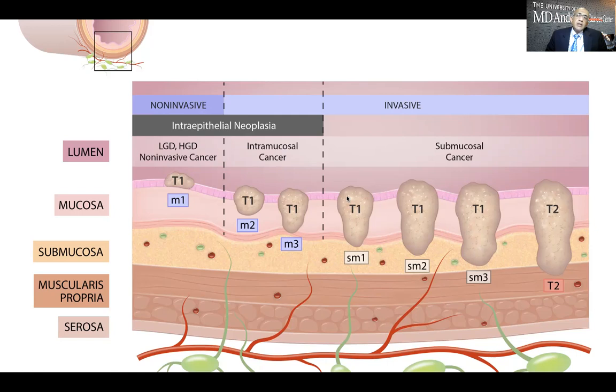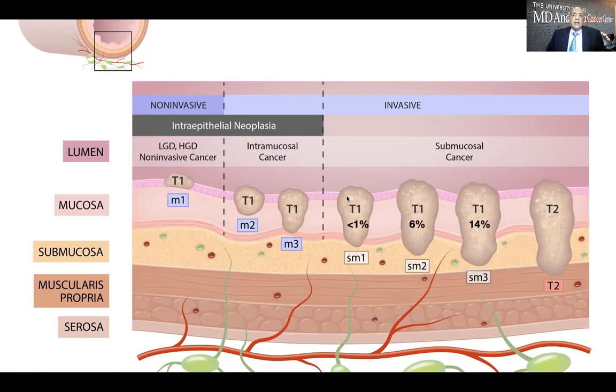When the lesion is limited to epithelium, either in the form of a low-grade or high-grade dysplasia, or it goes into the lamina propria and even to the muscularis mucosa, it is called intramucosal cancer. And lesions up to intramucosal cancers, and maybe some of those that go into the superficial one-third of the submucosa, are amenable for endoscopic resection, either with endoscopic mucosal resection or with endoscopic submucosal dissection.